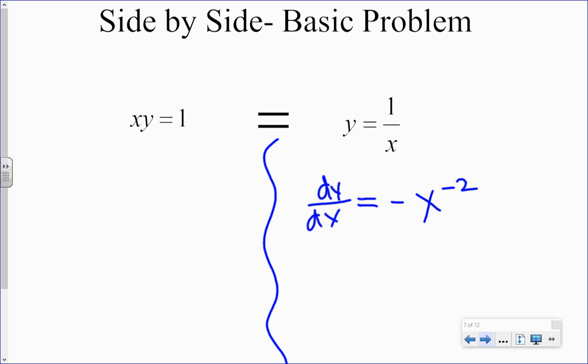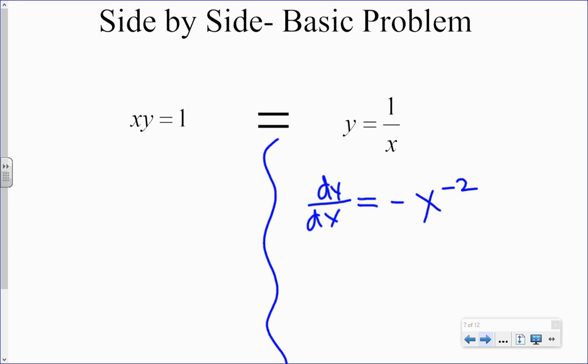Okay. Now, xy equals 1, that is written as an implicit function, right? Where we are not solved for y. That's fine. We can still find the derivative, okay? If we decide to attack this by keeping it as an implicit function, let's talk about how we would do that derivative.